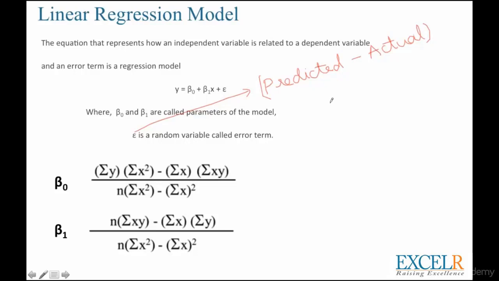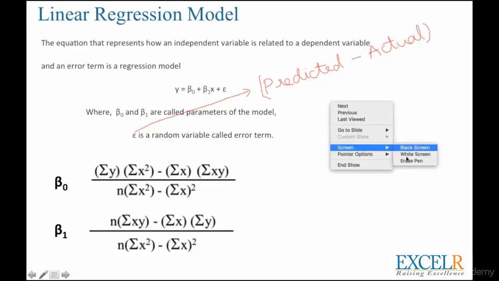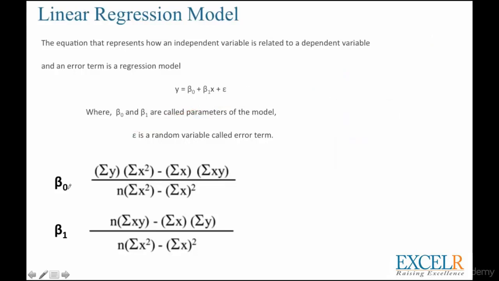Here is a formula given to calculate your beta naught and beta 1. If you know the x and y variables, you can come up with x square and take a summation of that. If you know x and y, you multiply both and take a summation of that. All these are possible, so you know what beta naught and beta 1 are. Substitute in this equation, and that is your linear model.